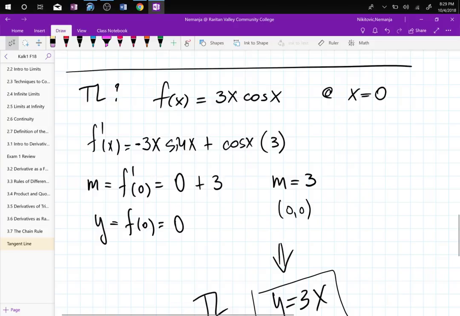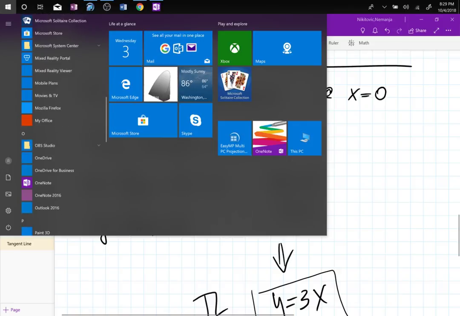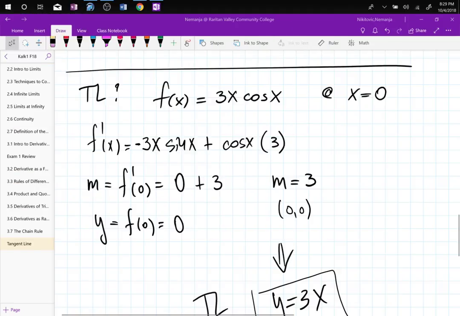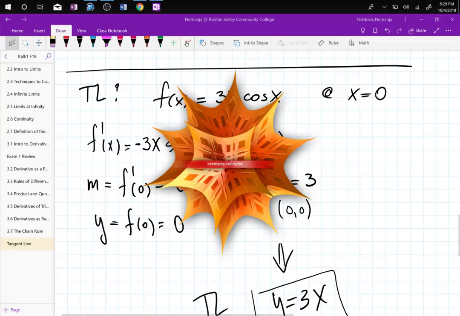They have to touch at 0, 0 when you graph both of them in the same coordinate plane. So what we can do is quickly call on Mathematica to just quickly run the test.